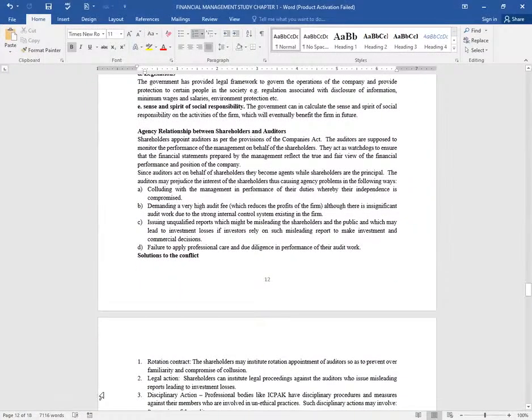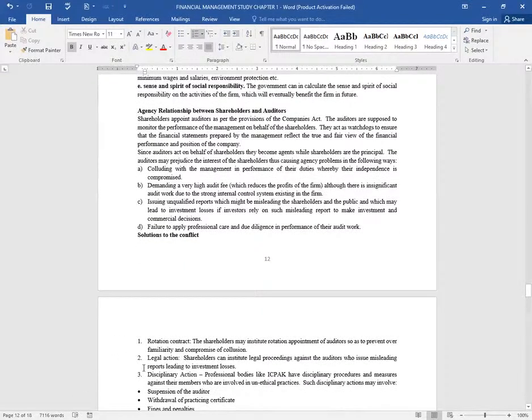So, solutions to the conflict. We have rotational contracts. I will tell these auditors that the maximum number of years you will stay with us is 3. After that, we'll have to get someone else. That is a contract we have. And we can also still retain them, but ensure that the engagement partner rotates. He goes after some time, we bring in new. So we have legal action. This is quite important.